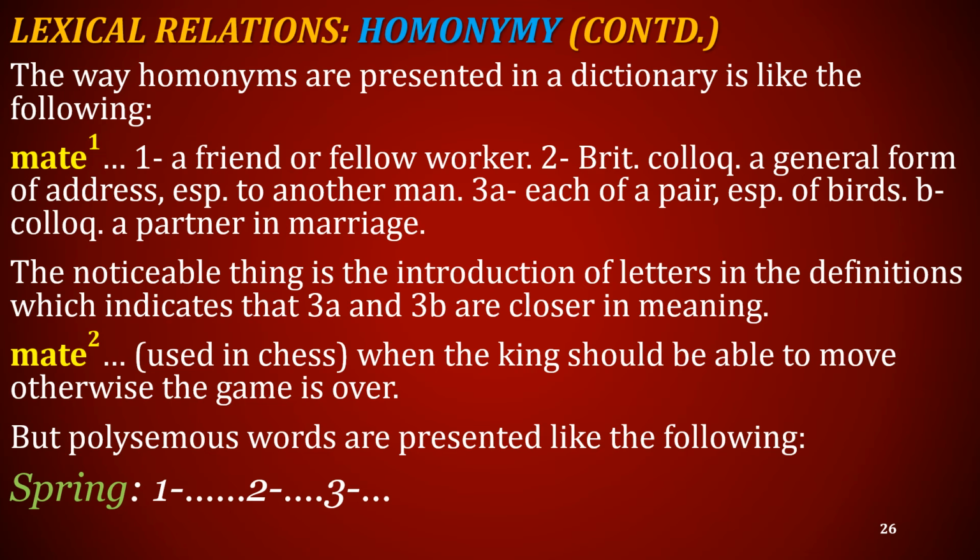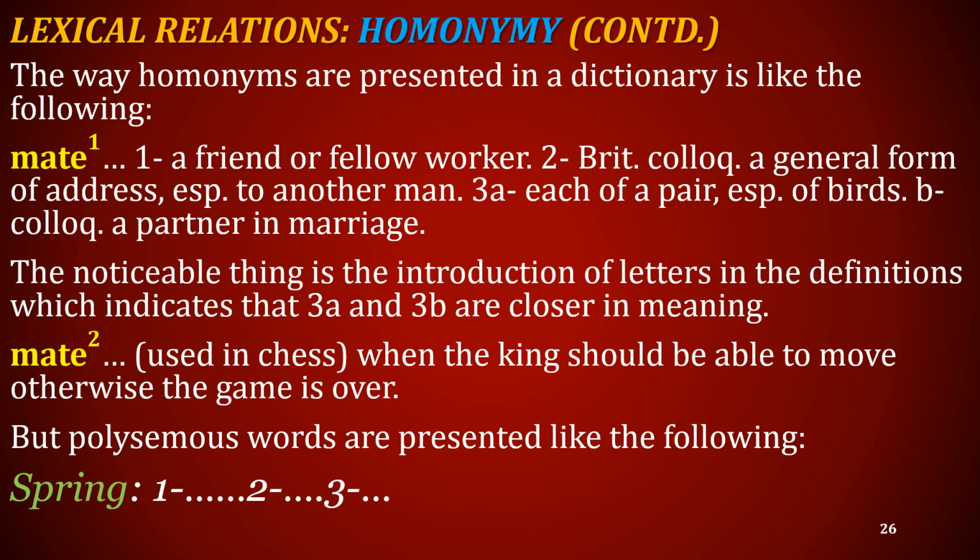In other words, within each homonym we might have certain senses, but those senses have a close relationship. But between the senses for one homonym and the senses for the second homonym, there is no close relationship, or no conceptual connection.